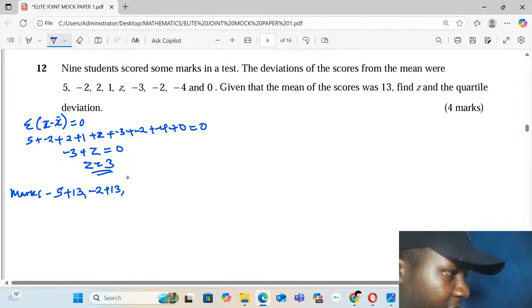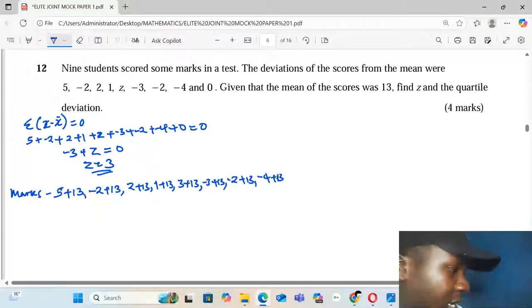Next, we have 2 plus 13. Next one plus 13. Then we have z, which is now 3, so we have 3 plus 13. Then we have -3 plus 13. Then -2 plus 13. Lastly, we have 0 plus 13.